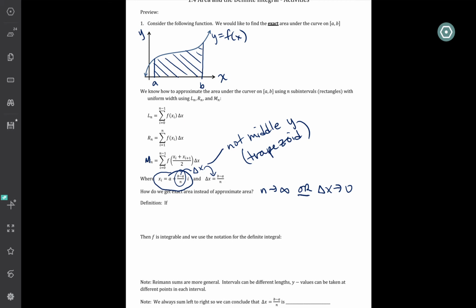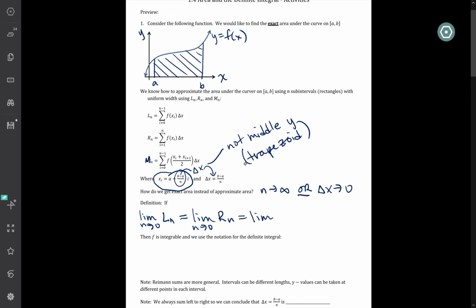Okay, so definition, we're going to actually go for it and say what happens if we do this. So if we can get all of our sums to approach the same value, so left, right, and mid all approach the same value as we take more and more rectangles, and that value should be the exact area under the curve.